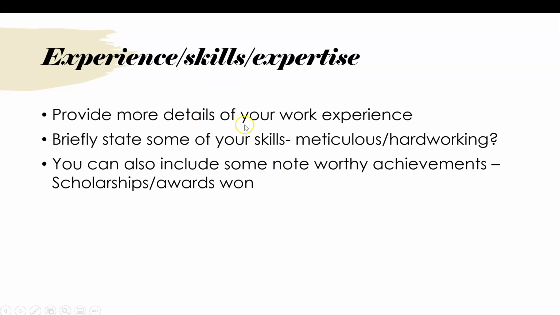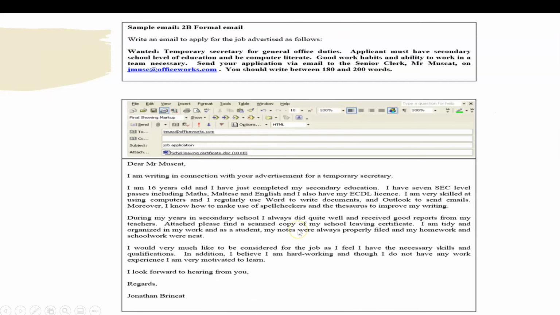Okay, so after that, you can provide more details about you, just slightly more, briefly stating some of your skills. You can also include some noteworthy achievements like scholarships or even awards won. So can you see, during my years, I've always done quite well and received good reports from my teachers. Attached, please find a copy of my school leaving certificate.